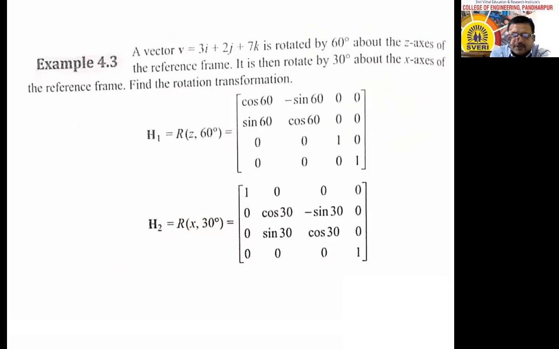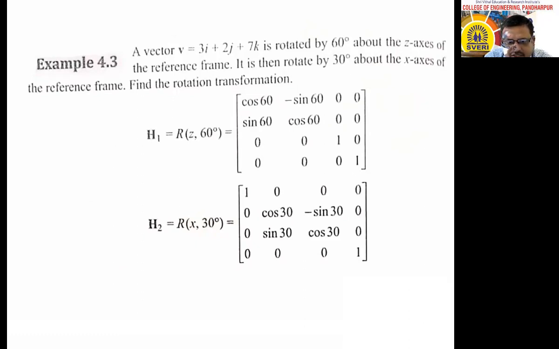Now, example 4.3. A vector V is equal to 3i plus 2j plus 7k is rotated by 60 degrees about the z-axis of the reference frame. It is then rotated by 30 degrees about the x-axis of the reference frame.